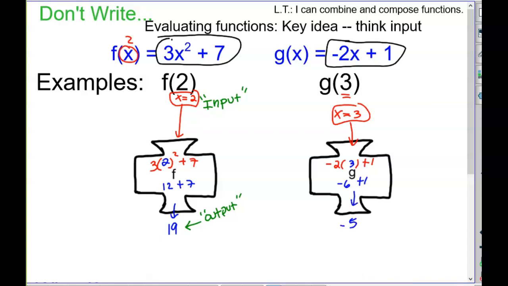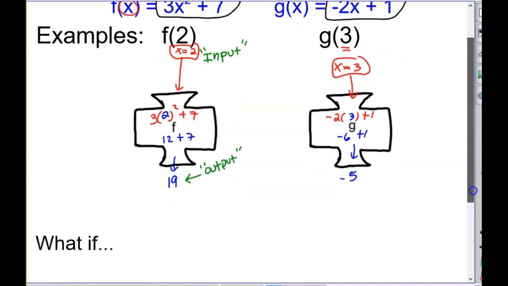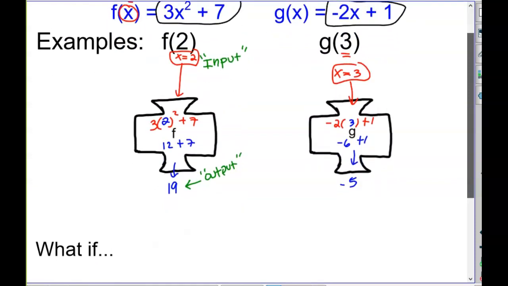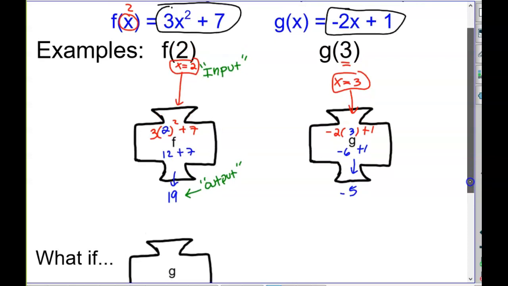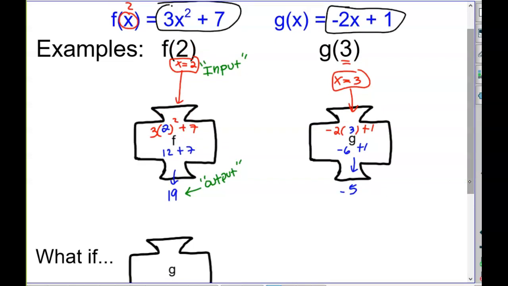Now, the twist, here's the new part, is what if I tell you we have the exact same things. There we go. But now, I want you to apply the function g, which I'll write here, so I don't forget it.